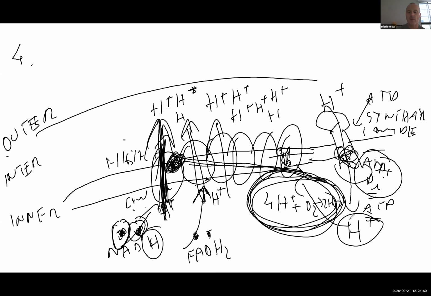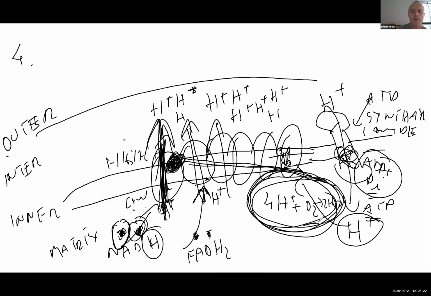The hydrogens, as they come back, go directly to this side. Now, some of you might ask me, why do we have to pump them into the intermembrane space and then bring them back into the matrix again? Because this part right here is the matrix. Why would I pump them from the matrix out and then bring them back? Because that's the only way we can produce ATP. These electrons have high energy.